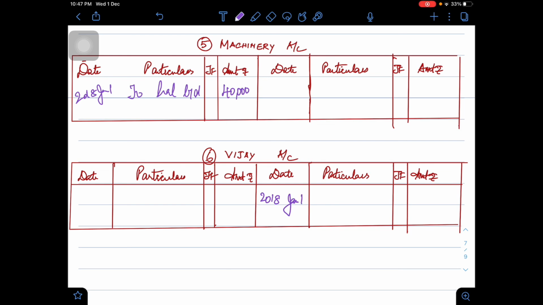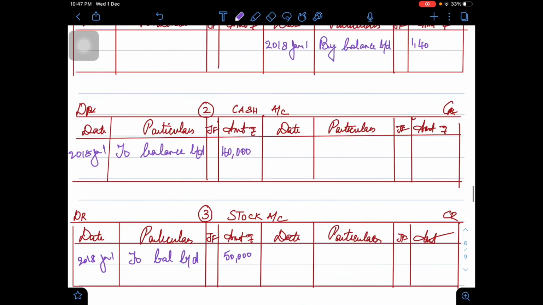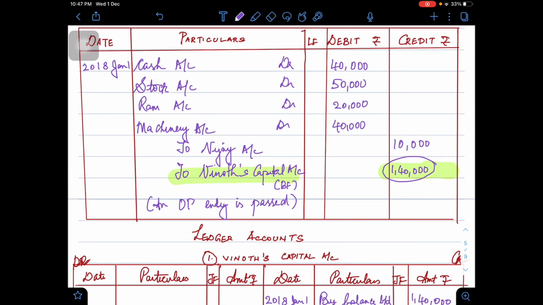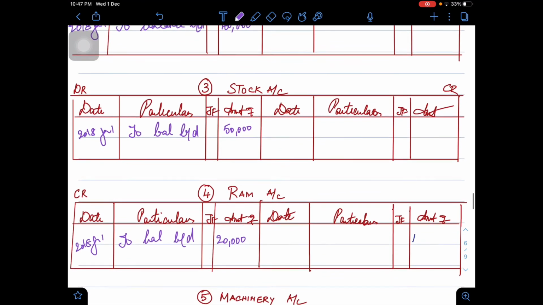By balance brought down, his amount is 10,000. So only Vijay and capital of Vinod show a credit balance. All the others are assets. These four are the assets and will take a debit balance. Students, are you able to follow now?